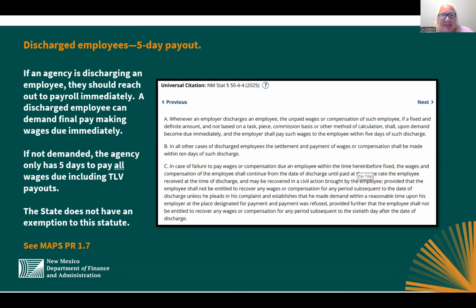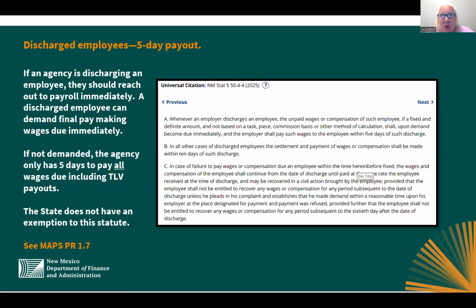Discharged employees in the state of New Mexico, there is a New Mexico statute, it's statute 50.4.4, that requires when you involuntarily terminate an employee, they must be paid all of his final wages within 5 days of that discharge. Final wages has been determined to include annual leave payouts.